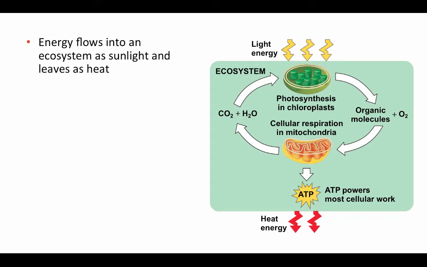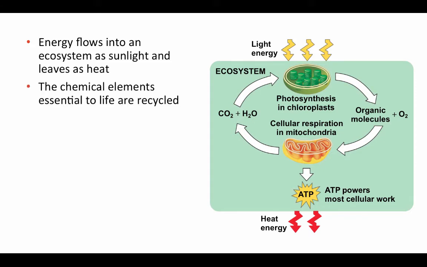It's going to be transformed into different forms, but ultimately it's going to come in as light energy from the sun and leave as heat. And the matter that makes up organisms is going to be recycled, so all of these atoms. So we need to think about how energy flows through systems and then how those atoms are reused, how they're transformed to be used and reused by the cells.